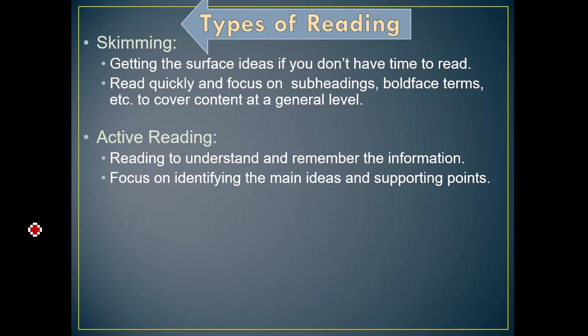So here we focus on identifying main ideas and supporting points. You'll notice that this goes a little bit beyond just the overall idea, right? When we get beyond skimming, we get a little bit deeper in here. So identifying the main ideas and supporting points and memorizing them would basically be active reading.